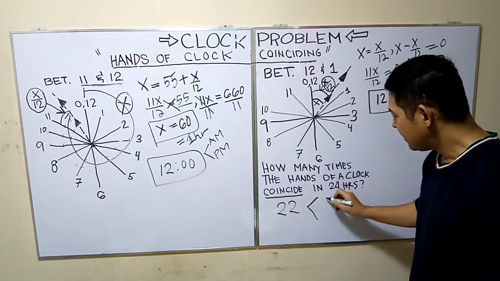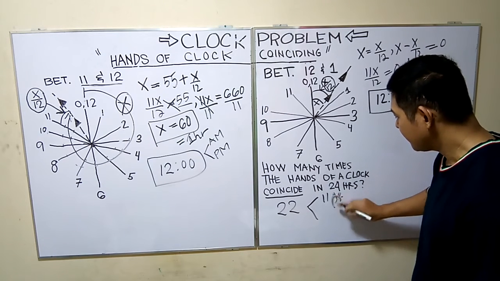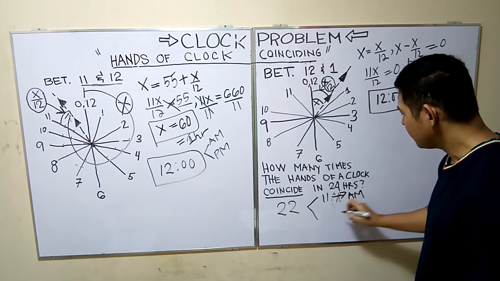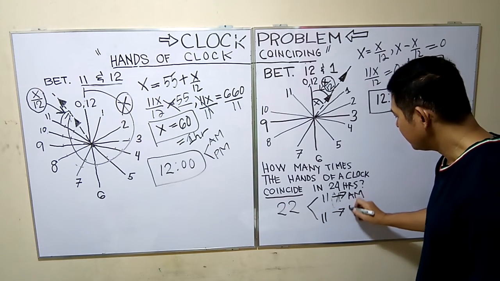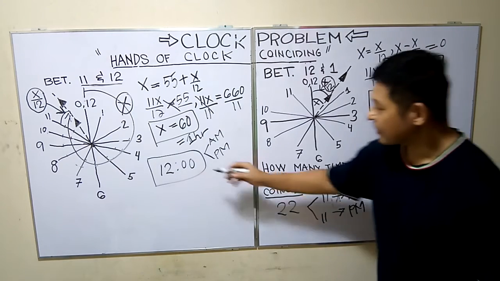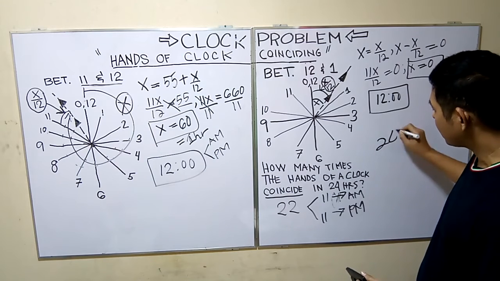Ibig sabihin, 11 sa AM, sorry, tapos 11 times din sa PM. Pag sinama natin sila parehas, ang mangyayari niyan, hindi na 22. Instead, magiging 24.